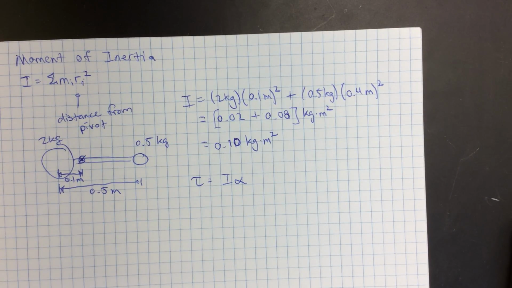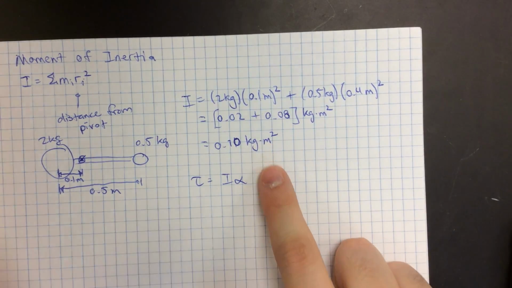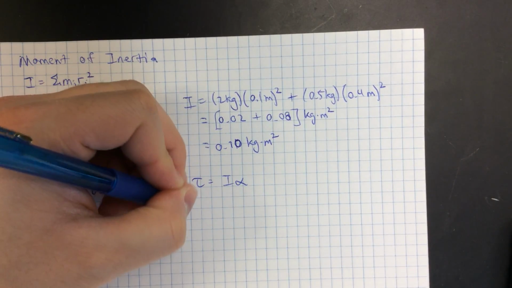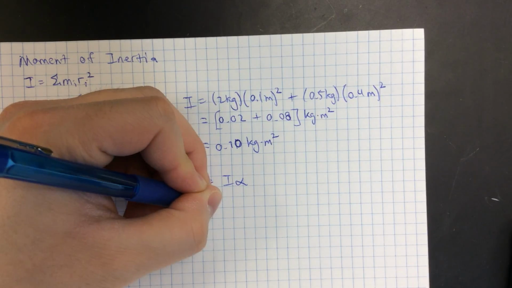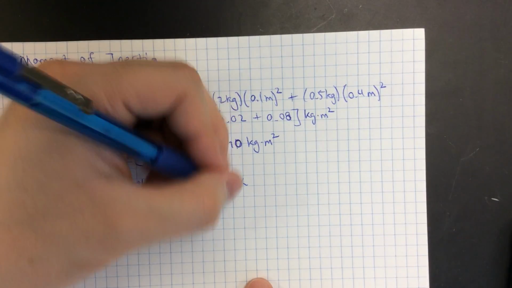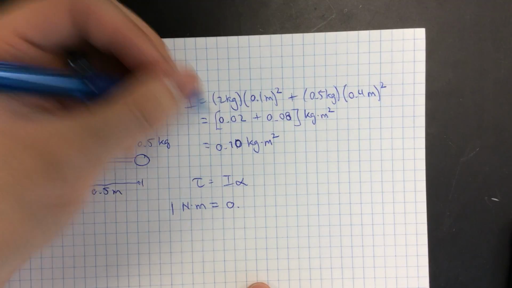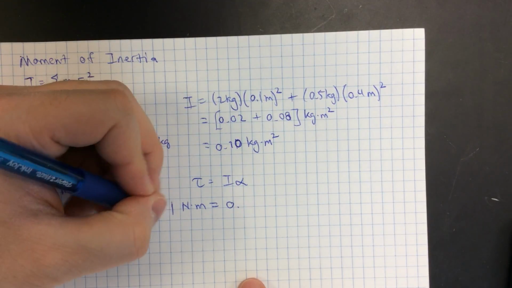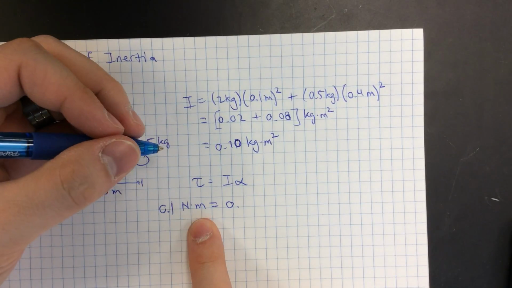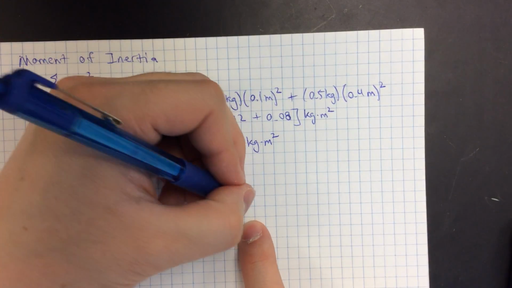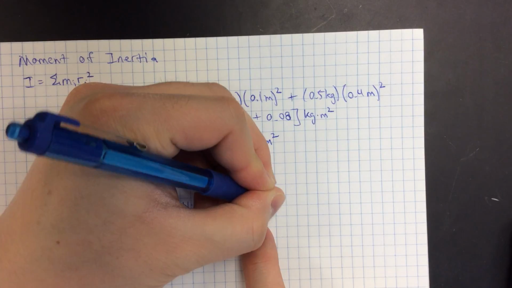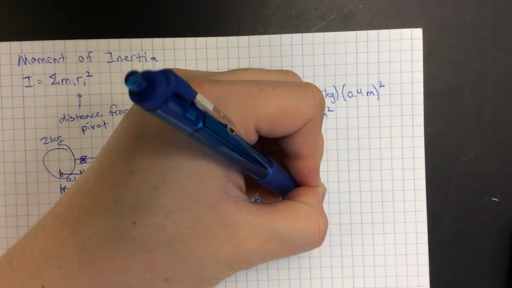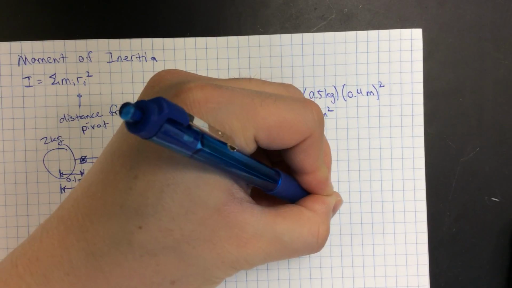Okay, so let's look at how that works out. Sorry, I should take that back. 0.1 newton meters will accelerate this 0.1 kilogram meters squared of rotational inertia 1 radian per square second.